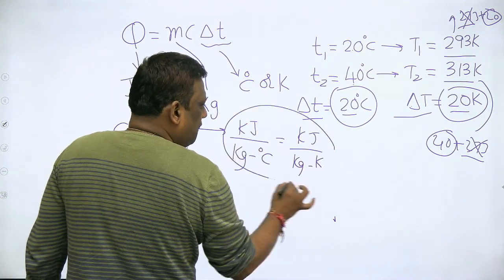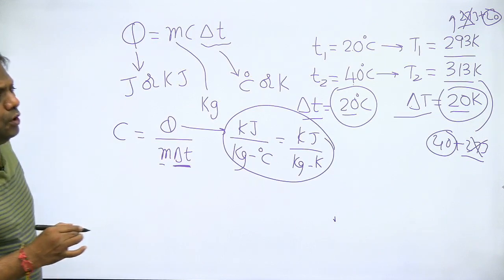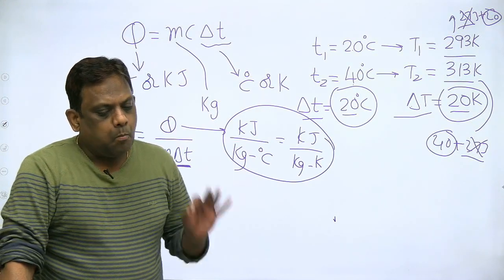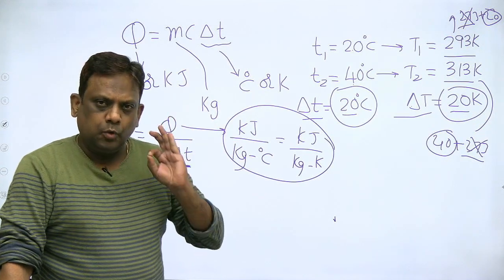So the unit of specific heat is kilojoule per kg Kelvin or kilojoule per kg degree centigrade. Both are absolutely same.